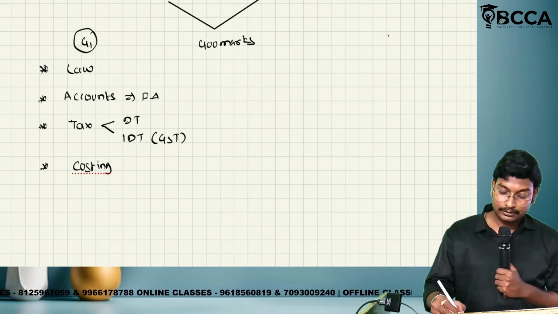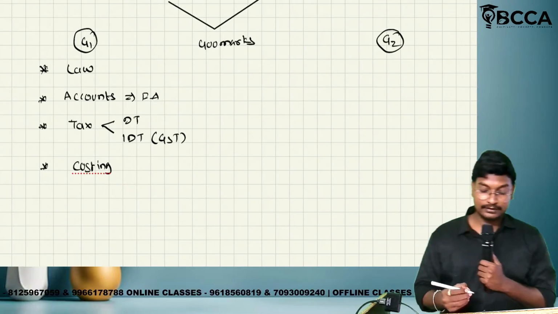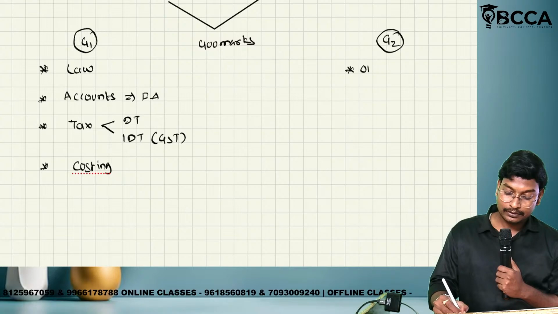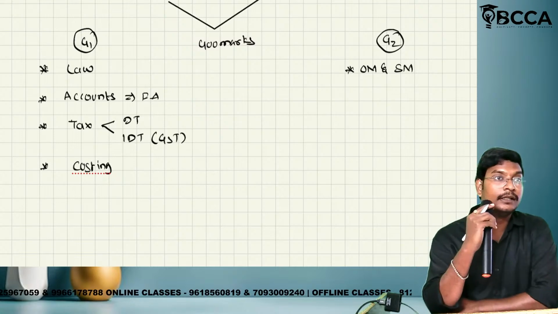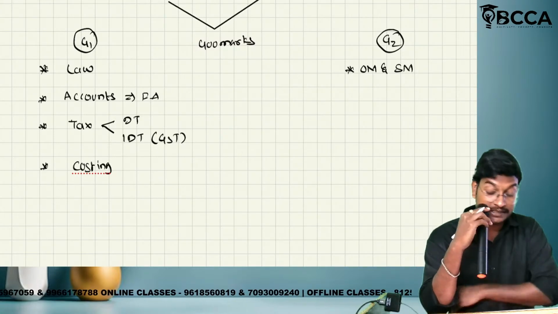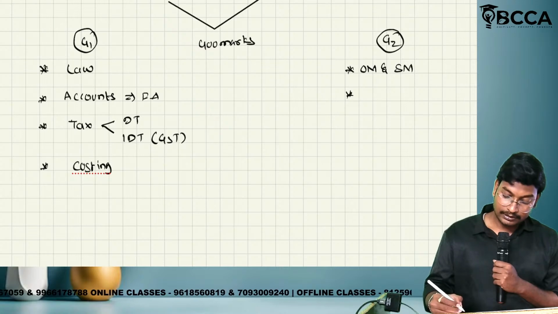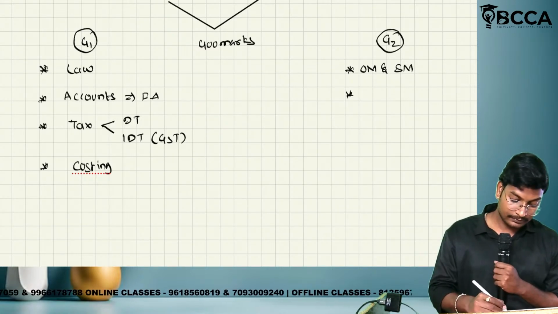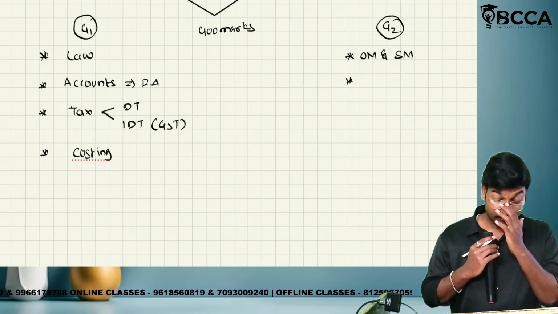Next, Group 2. In Group 2, how many subjects again? 4 subjects. The first subject is called OM and SM. OM means operational management. SM means strategic management.